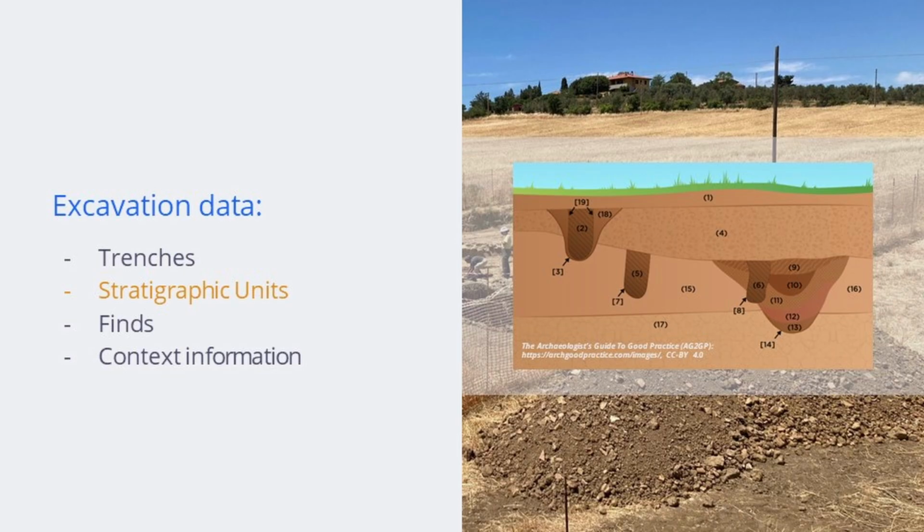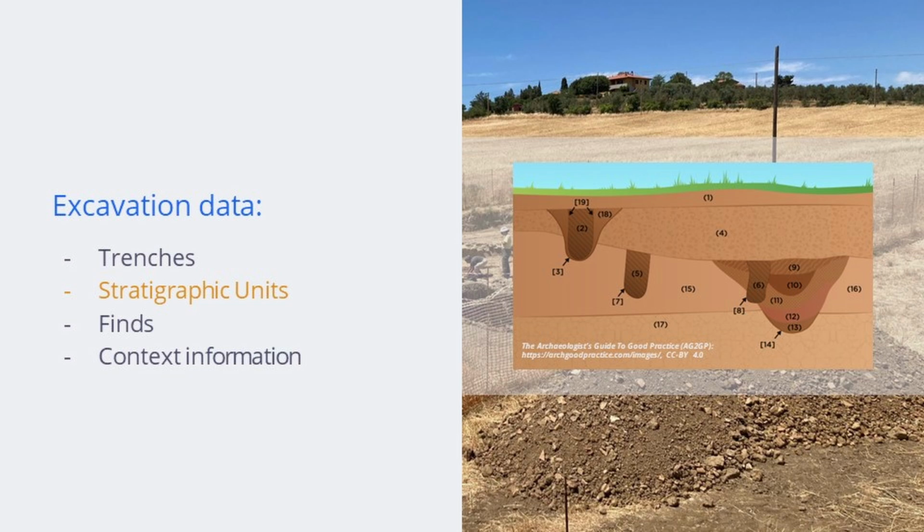And the idea behind that, and that's what you are seeing on this picture here on the right-hand side, is that you can identify those stratigraphic units because they are somehow similar to each other, and everything inside or related to a stratigraphic unit belongs to one event, like digging a hole or filling it with rubbish.